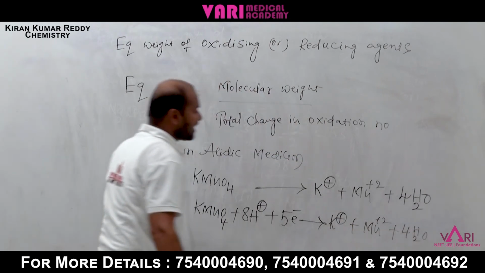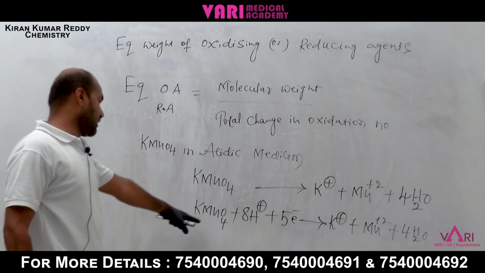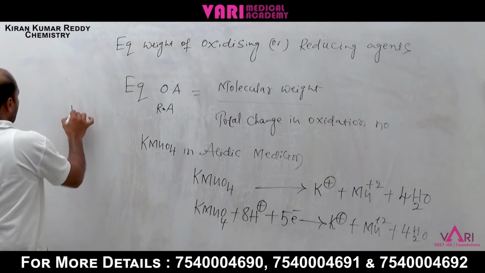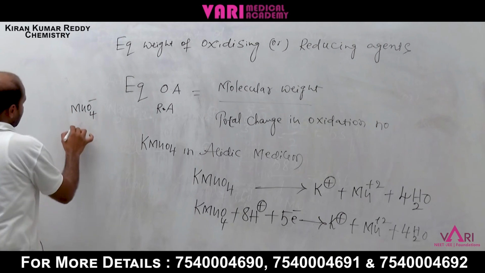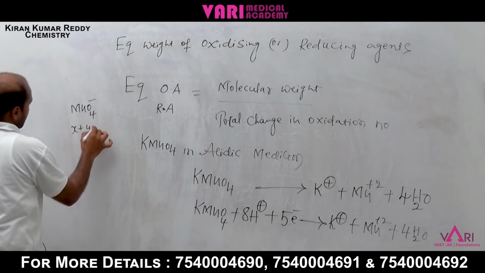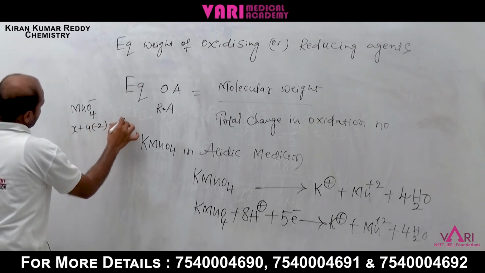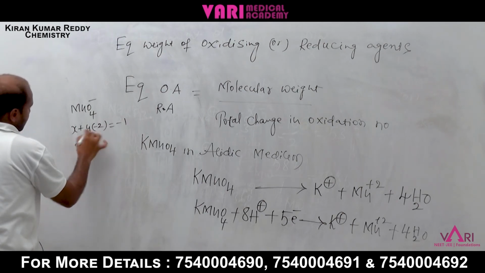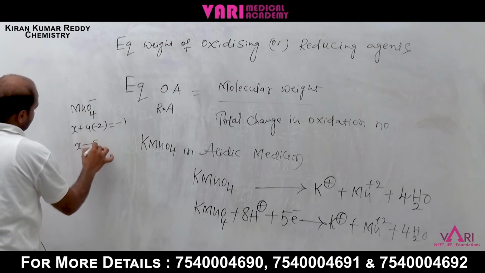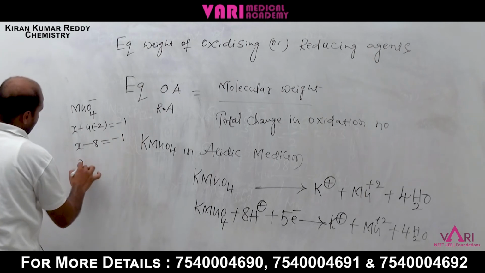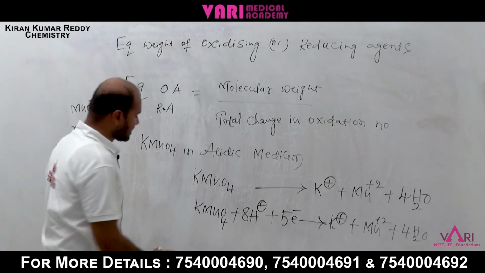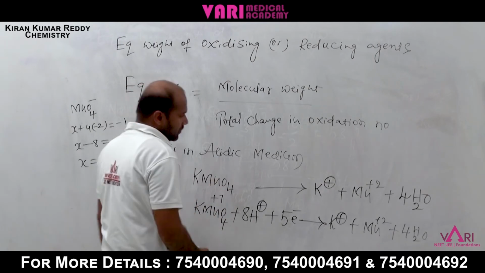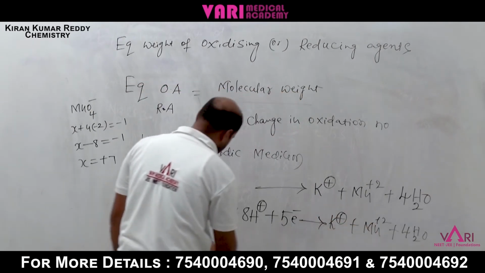Here is the change in oxidation number. In KMnO4, that is MnO4-, what is the oxidation state? x plus 4 times minus 2 is equal to minus 1, so x minus 8 is equal to minus 1. x is equal to plus 7. For this one it is the plus 7 oxidation state, and for this one it is the plus 2 oxidation state.